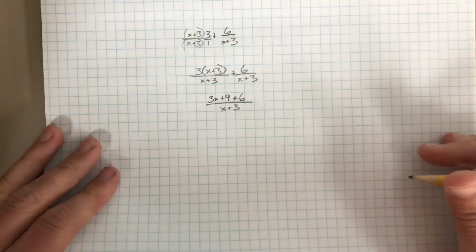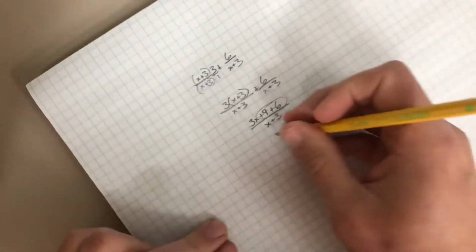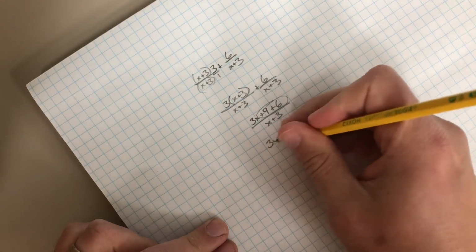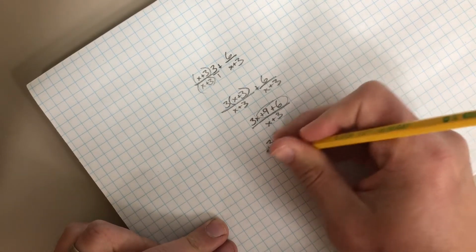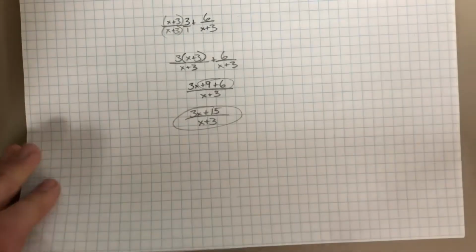Now, the last thing I can do to simplify this is put like terms together, and that would be 9 plus 6, which is 15. So I have 3x plus 15 over x plus 3. And that's as simplified as I can make it.